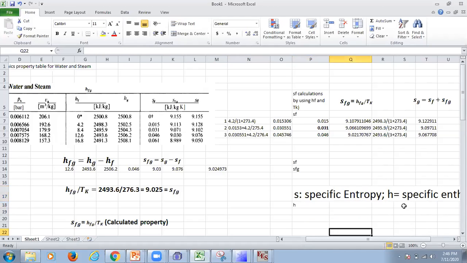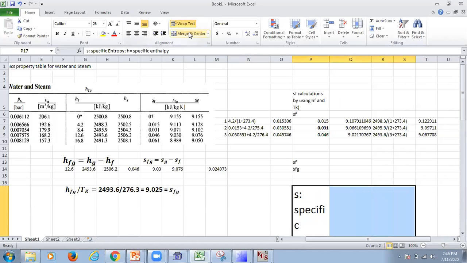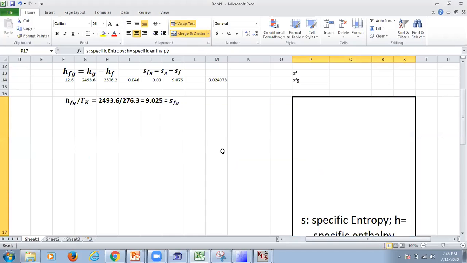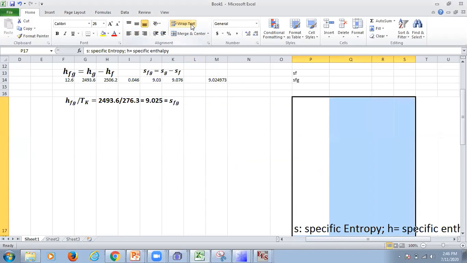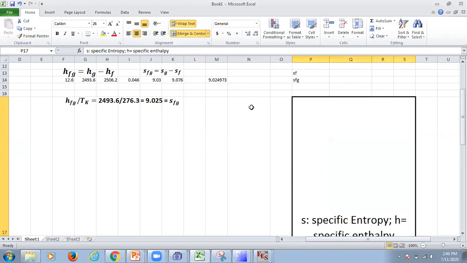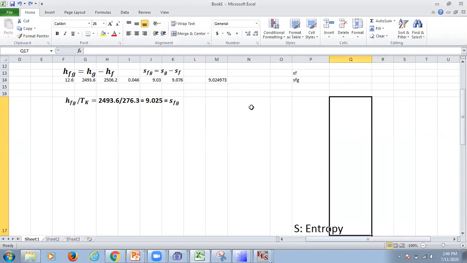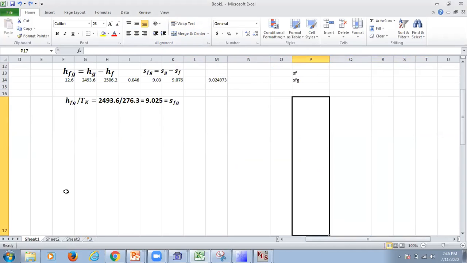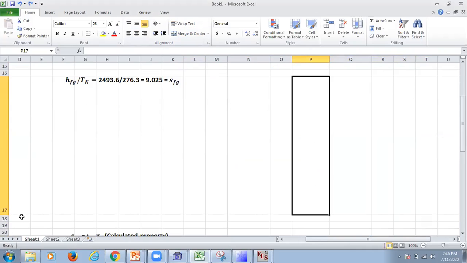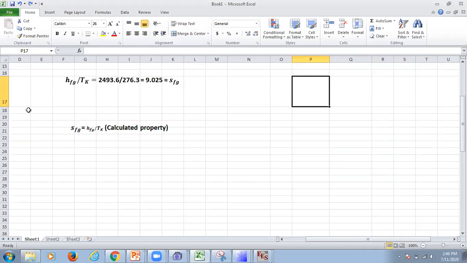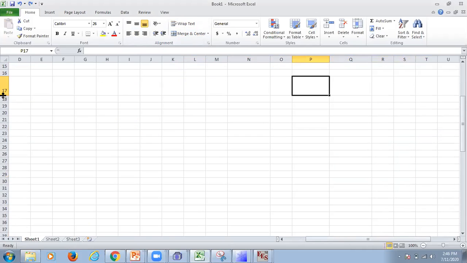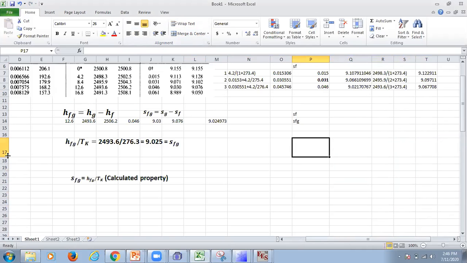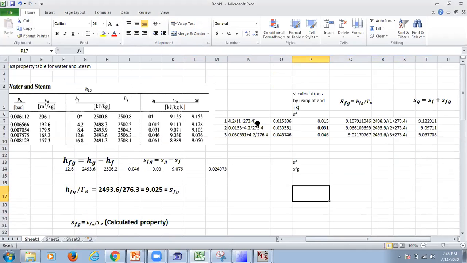Okay, specific entropy and specific enthalpy. So H and S values are enthalpies and entropies.